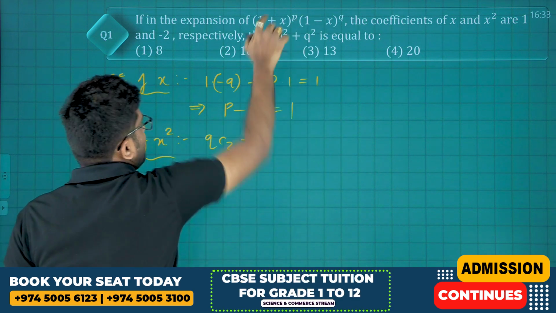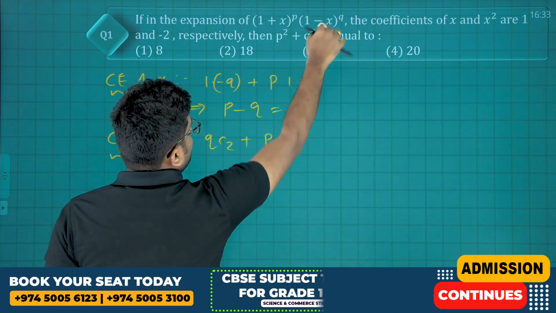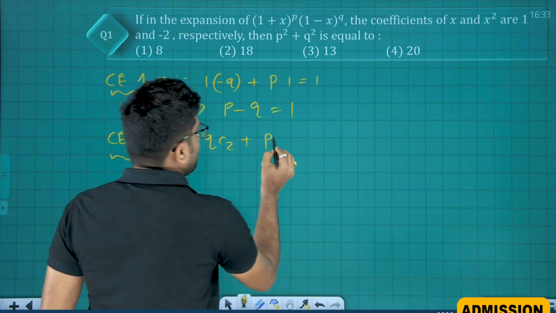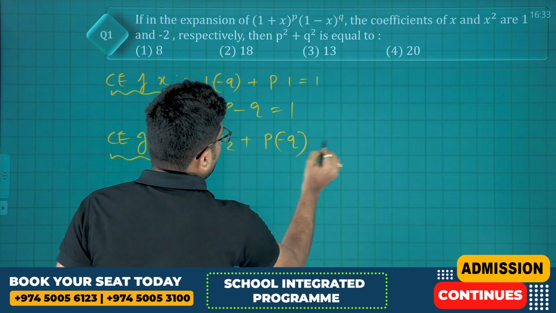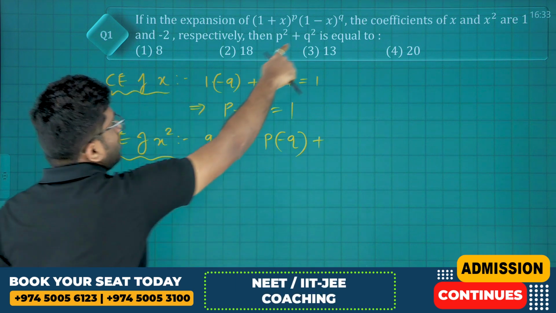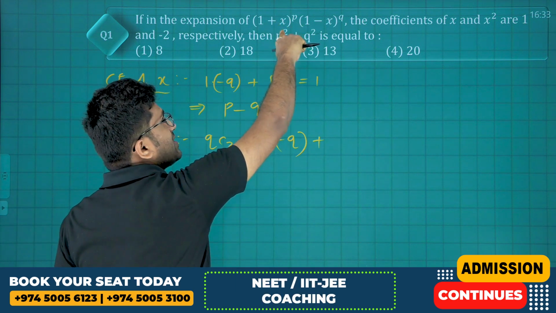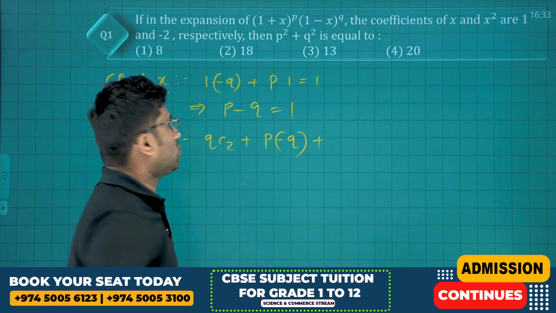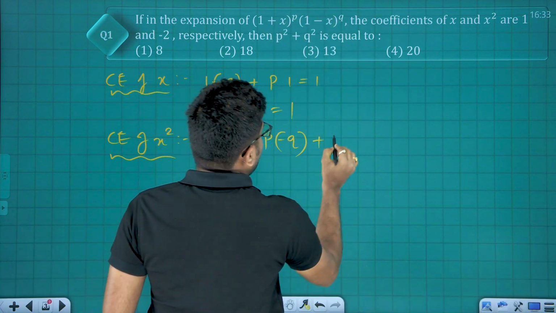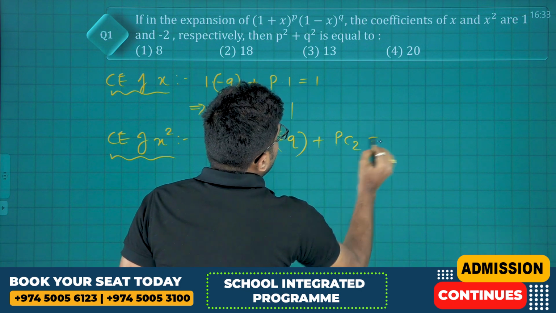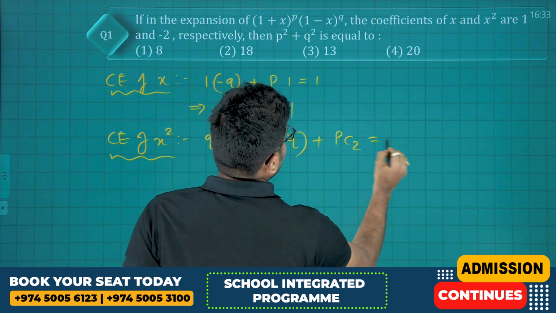Here the coefficient of x is p, whereas the coefficient of x in this is −QC1, which is −q. So p into −q, plus the coefficient of x square into constant, that is PC2 into 1, which is PC2. This is equal to, they have given, −2.